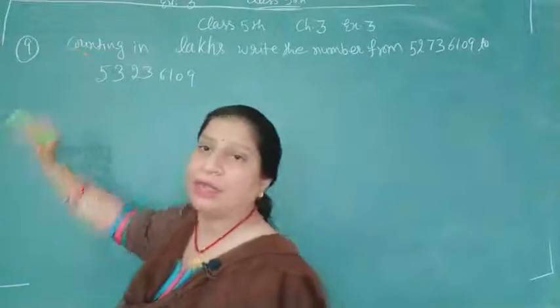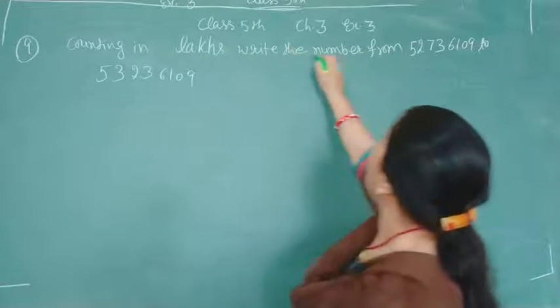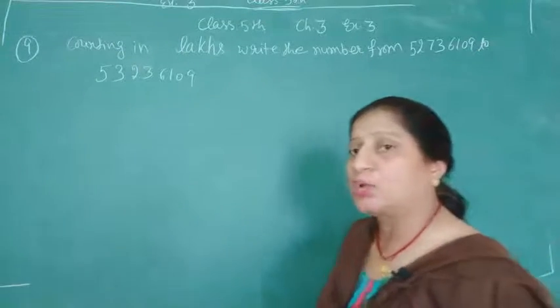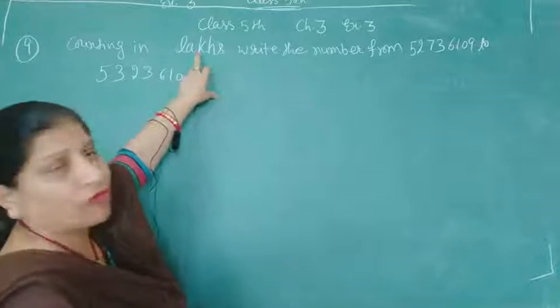Now in question number 9, it is given counting in lakhs, write the numbers from this to this. Again the question is the same, only the place is different, which we have to change.